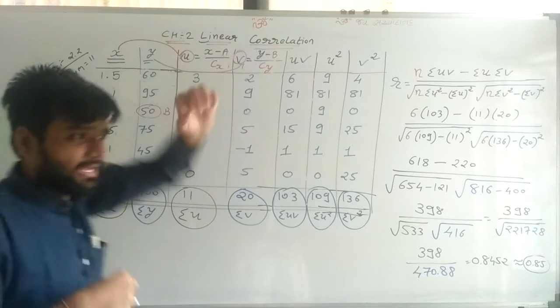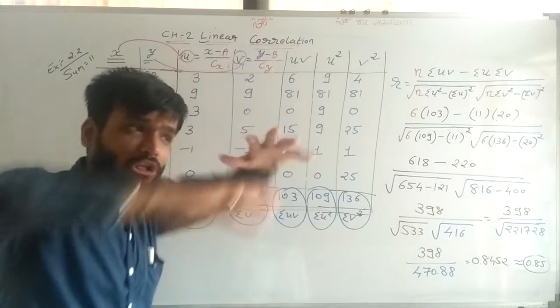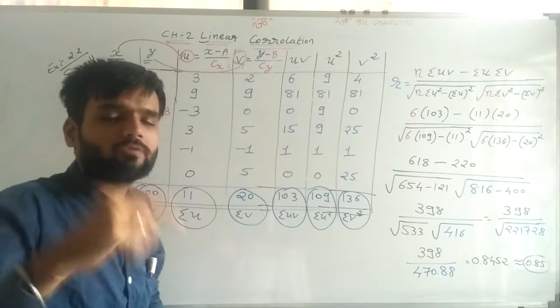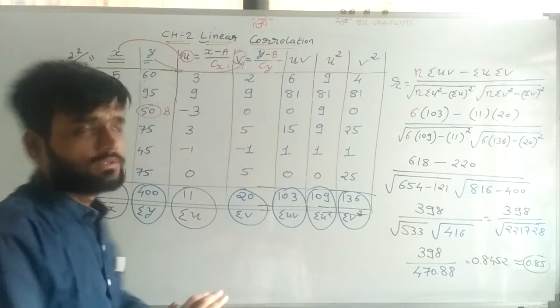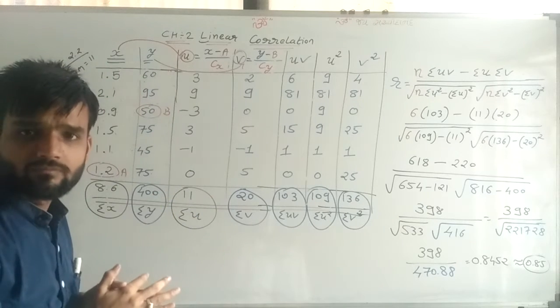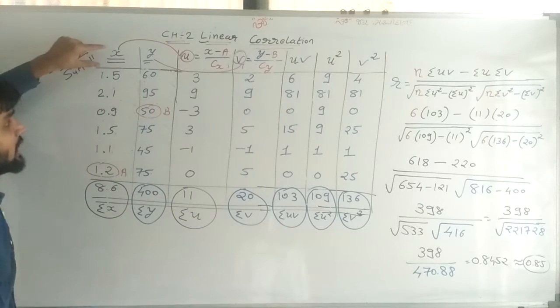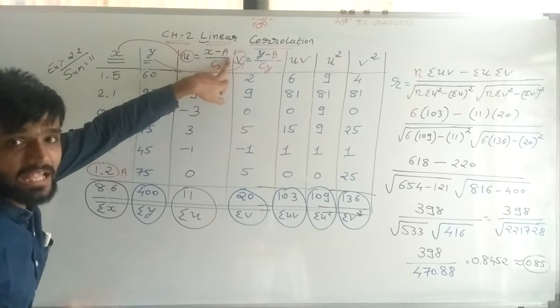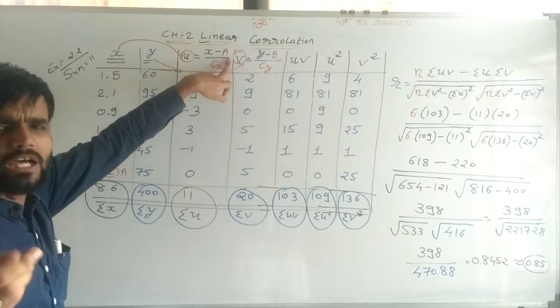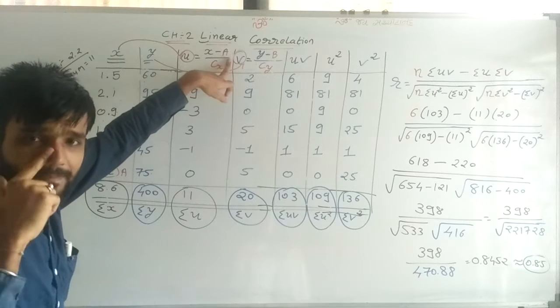So whenever we want to convert large values into small values, what are we doing? Deducting and dividing. Same thing we are doing here. From these values of x, we deduct x minus a, a somewhat assumed value.